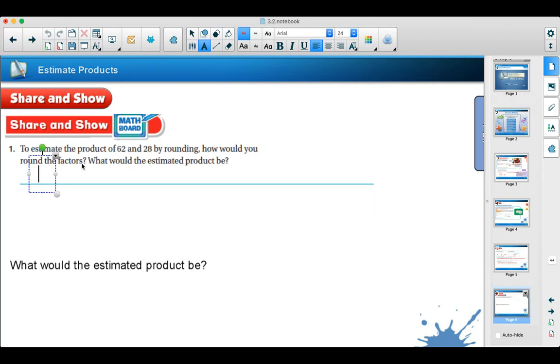So 62 will round to 60. 28 will round to 30. I will use my basic facts. 6 times 3 is 18, and I'll append my 2 zeros. So what would the estimated product be? About 1,800.